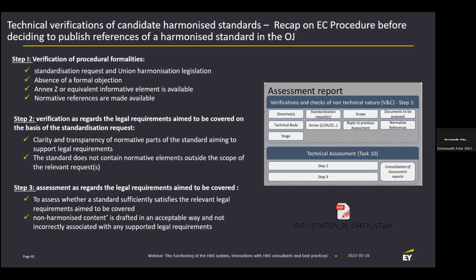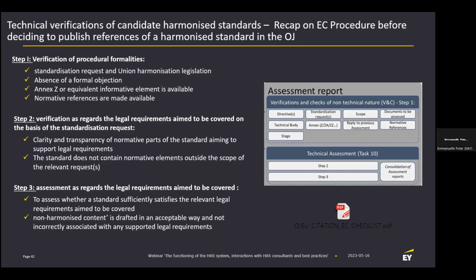So the very first step is quite formal. As I said, ensuring that the standard is developed in response to a standardization request, that there is no formal objection, that they have the required Annex Z or its equivalent that they need to actually perform the assessment, and also that they have access to all the normative references required.